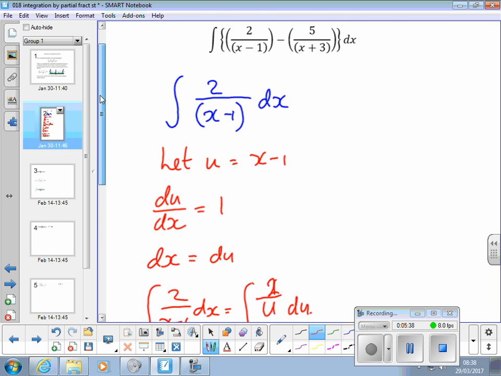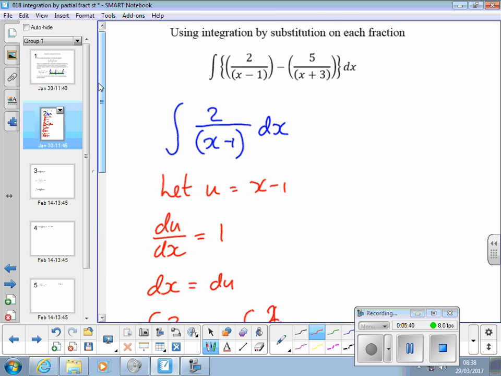So that's that side. We then just need to do this side over here.